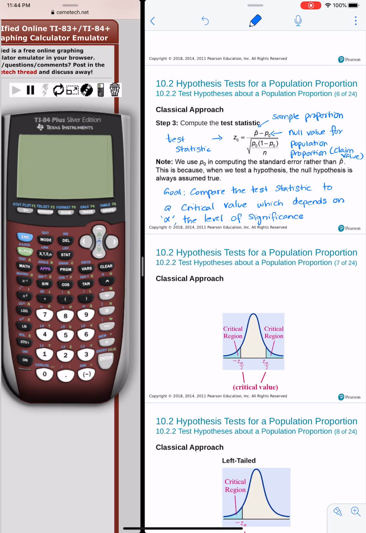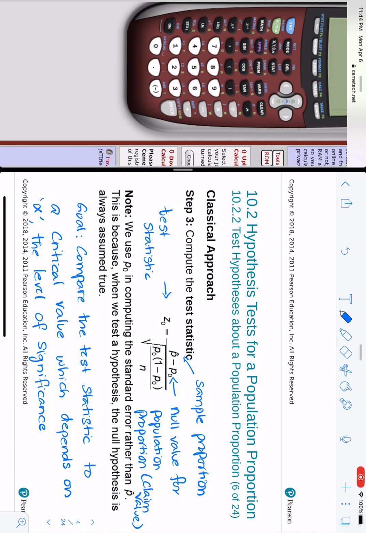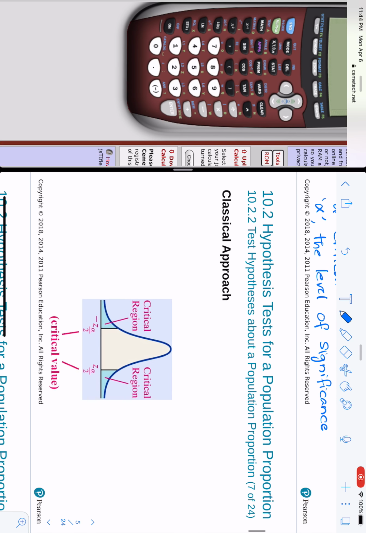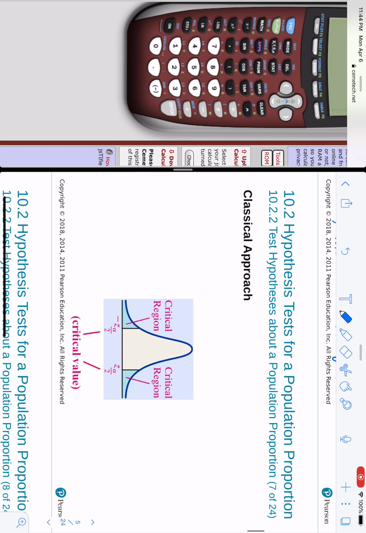We simply have to compare the test statistic to the critical value, which depends on the value of alpha, the level of significance, and that is what we call the classical approach. The approach depends on the type of test, which is why identifying the correct test is crucial in performing a hypothesis test.